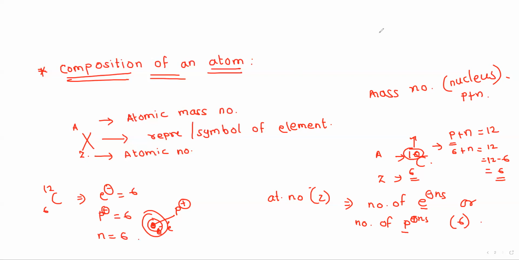We will see one more example. Another example we will take is nitrogen, whose representation is 7 nitrogen 14. What is 14? 14 is A, the atomic mass number. What is 7? 7 is Z, the atomic number, and N is the symbol of this nitrogen species.